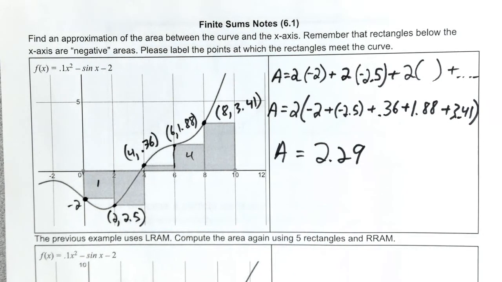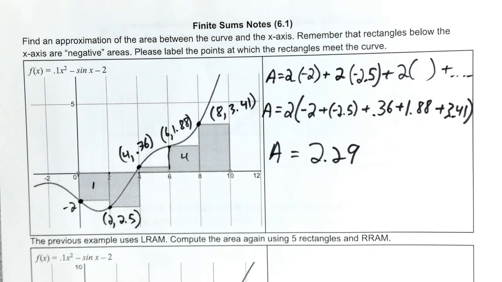Okay, so that's the net area, and it's possible for these to end up being negative, because if you've got more area below the x-axis than above, then you're going to have a negative net area. So let's go on to the next example.